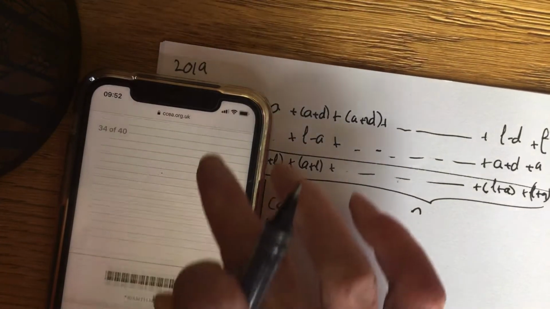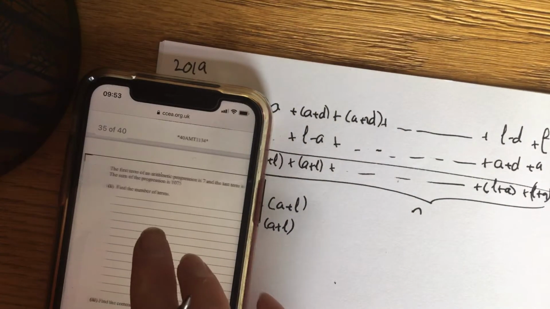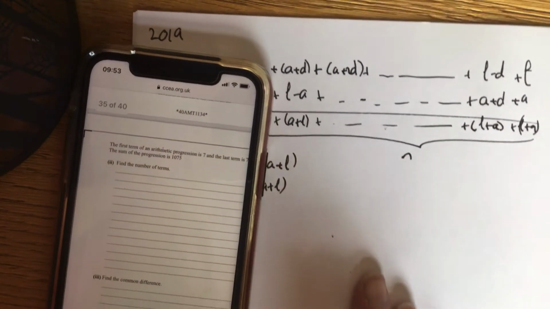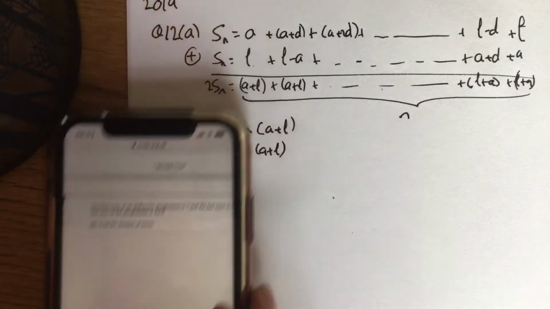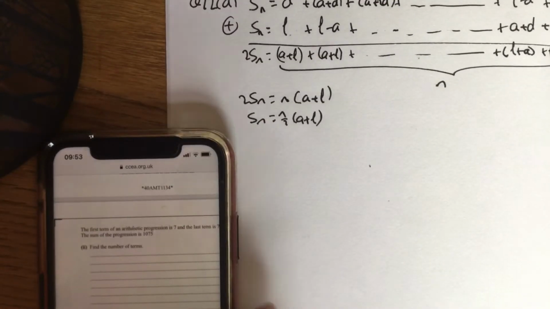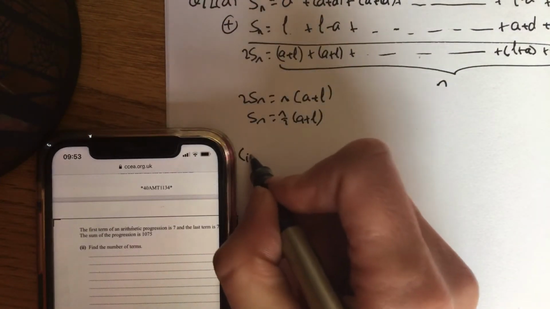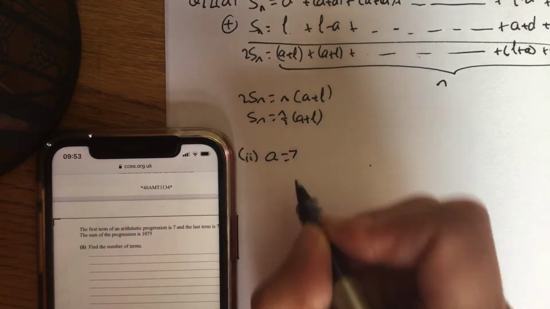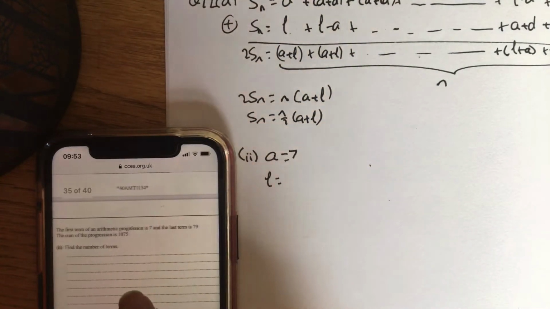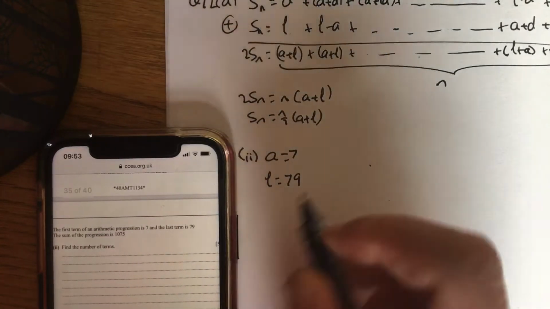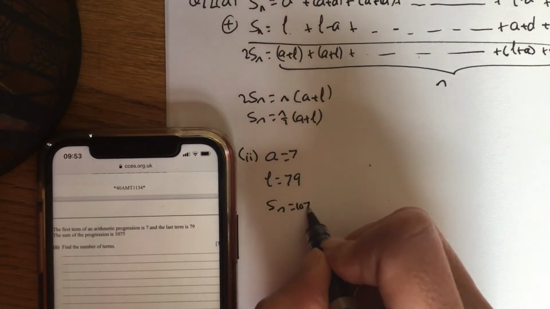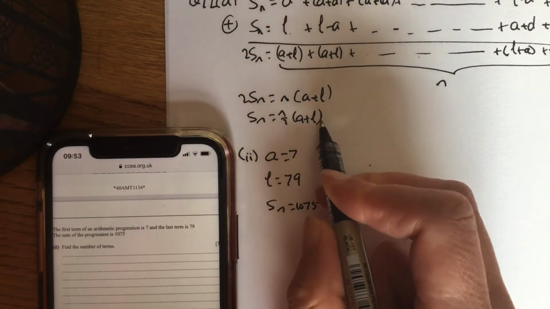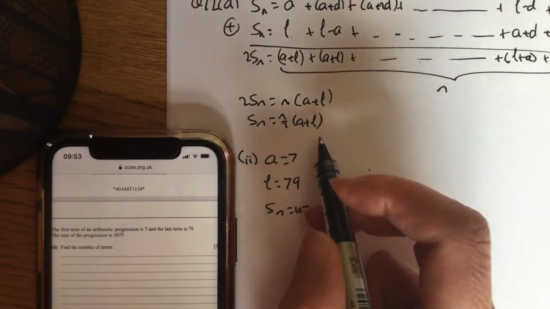The second part is saying find the sum of a GP. Sorry, the first term of an AP is 7. So let me just write that out. I'm on to part 2. The first term is 7, the last term is 79, and the sum is 1075. The easiest way is probably just to use the formula up above there.